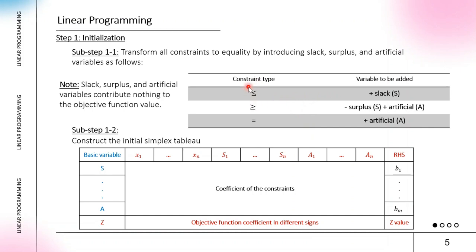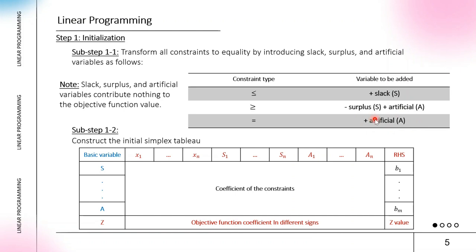It represents unused resources. Surplus variable and artificial variable are used for constraints in the form of greater than or equal to something. We subtract a surplus variable to reflect excess usage and add an artificial variable to start from a feasible point. And finally, we have artificial variable.